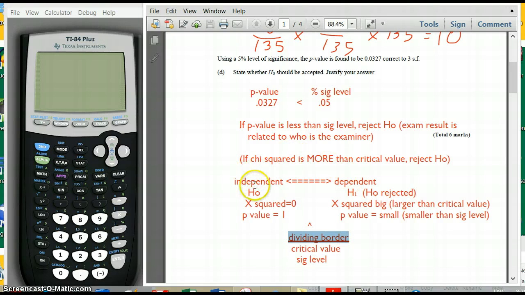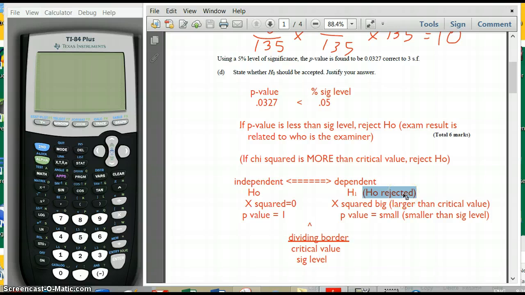You have independent distributions, you have dependent distributions. The null hypothesis always says that the distribution is independent. The alternative hypothesis, which is represented by H1, says that the distribution is dependent, or there is a relationship between the two factors.